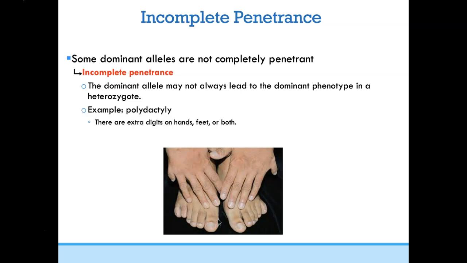So in polydactyly, not all individuals who inherit the dominant polydactyly allele will exhibit the trait. Polydactyly means extra digits on the hands and feet, like this. So even if you do have the polydactyly allele, it's not always penetrant, meaning it's not always going to show. So this is incomplete penetrance.